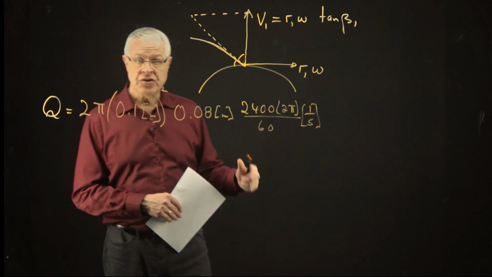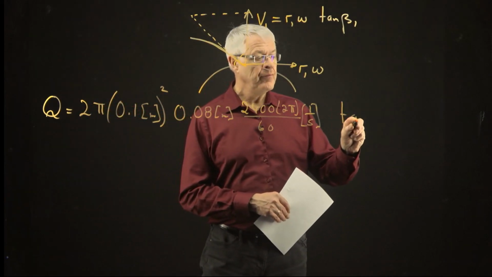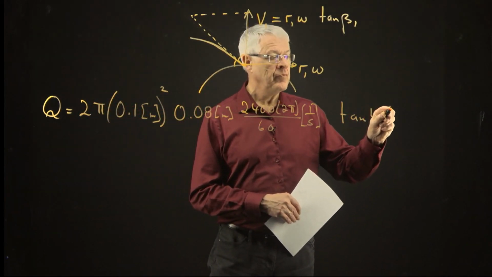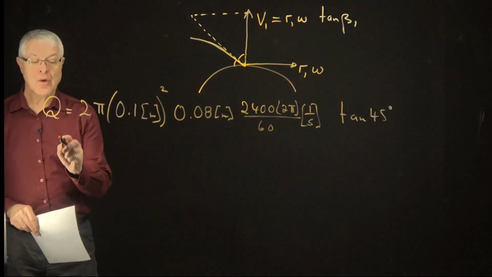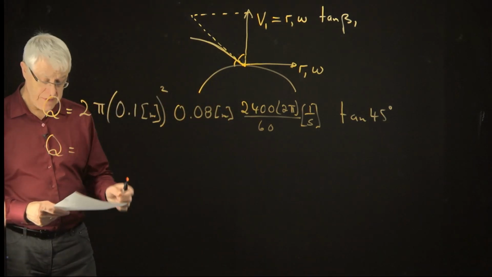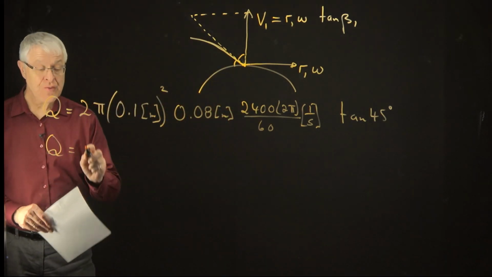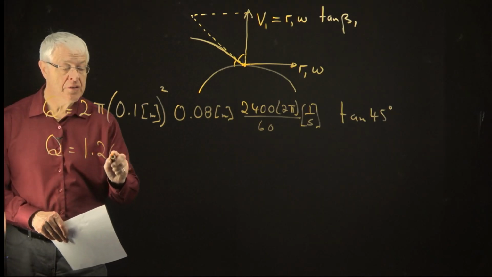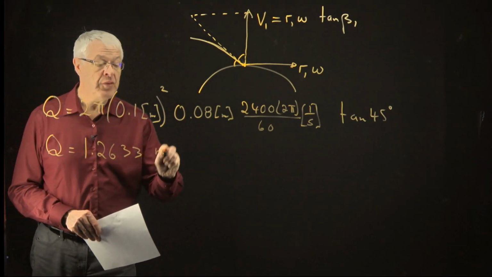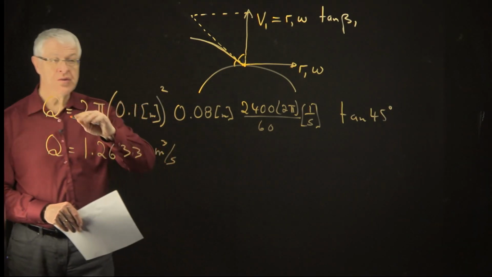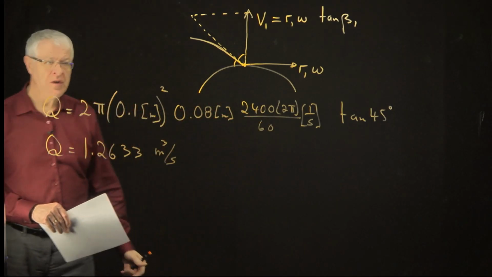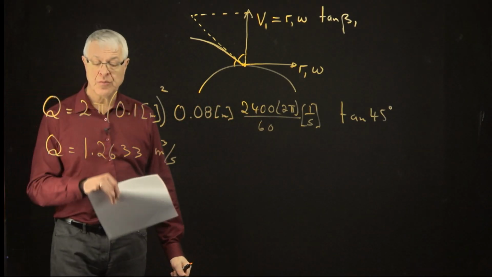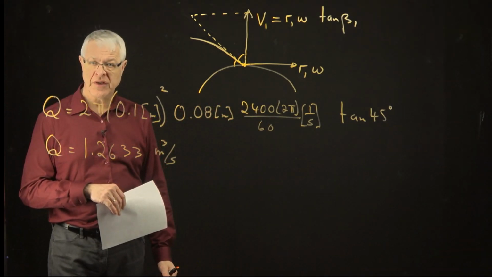And finally, the tangent of 45 degrees. So all of that gives us a volume flow rate equal to 1.2633 meters cubed per second. So using basic SI units everywhere, that volume flow rate will come out to 1.263 meters cubed per second.